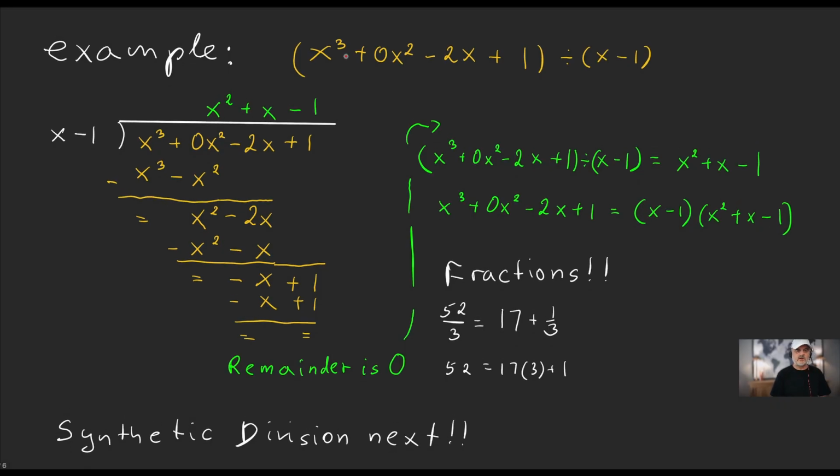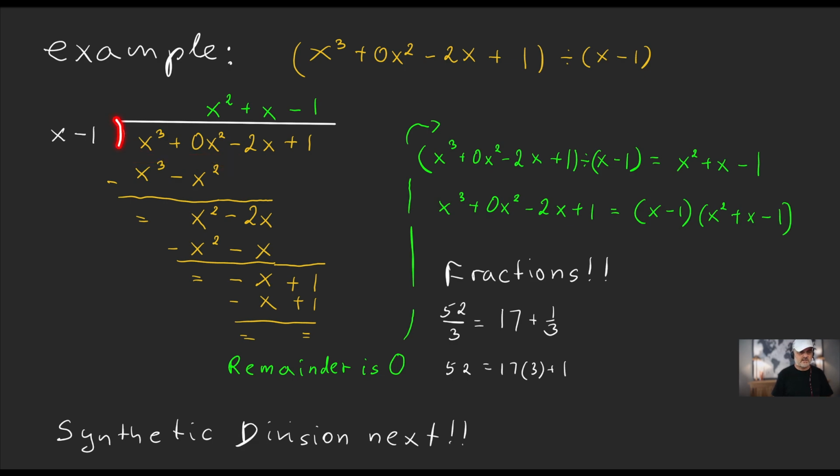Ta-da! So the question really is, now I added that 0x squared to the question so that you will see the reason behind it. This cubic polynomial is divided by a linear polynomial. So you want to arrange this division in that form. You put on the right side the polynomial that you're going to divide, which is x cubed plus 0x squared minus x plus 1.